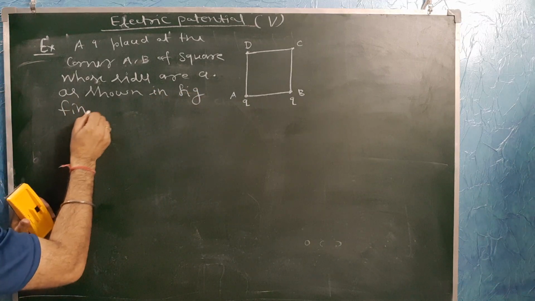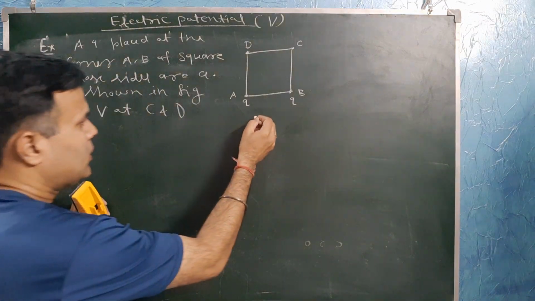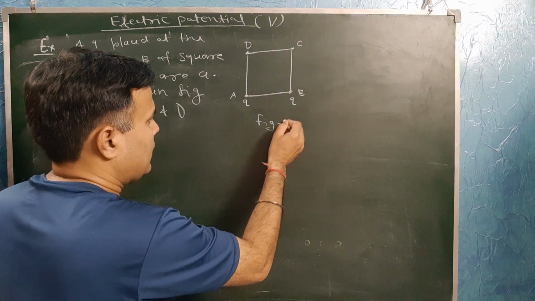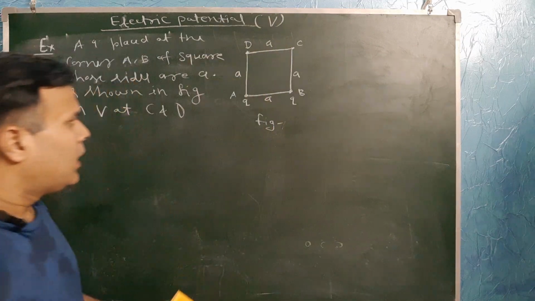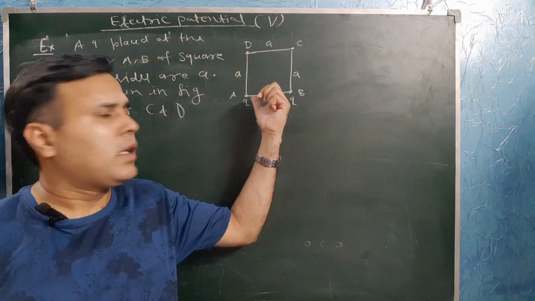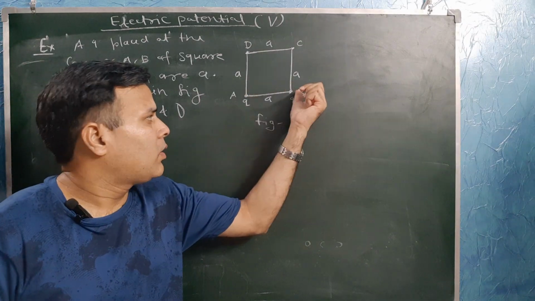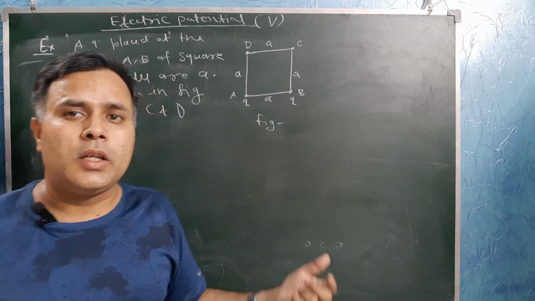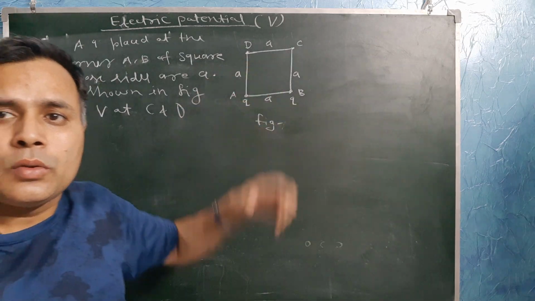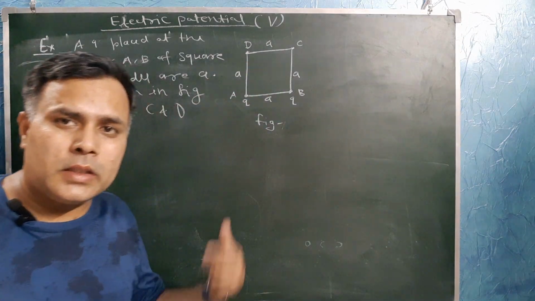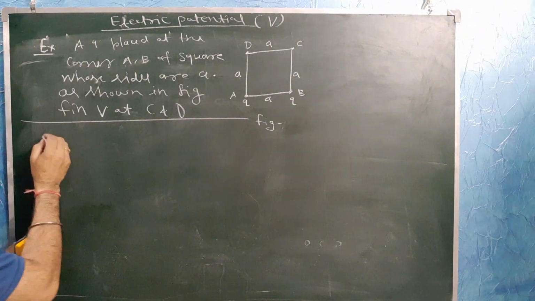Then find V at C and D. So this is the information that we have. We have a square whose sides are A, and Q charge is placed at corner A and corner B, and we have to find out the electric potential at C and D. So this is the problem, or this is the example.